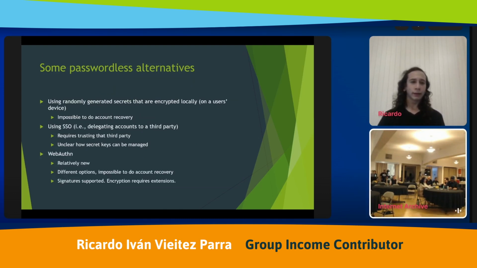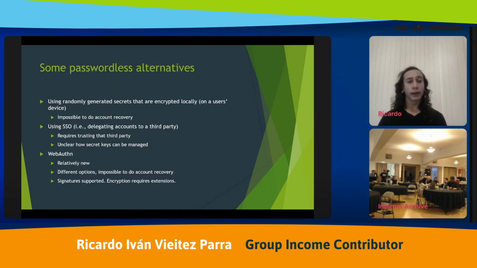And then there is this more recent standard that is being developed right now, and it's supported by most browsers, and it's showing a lot of promise. That is called WebAuthn, which is more of a standardized way of doing both of these things.